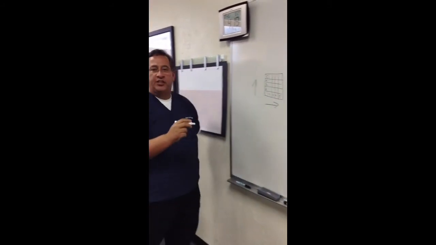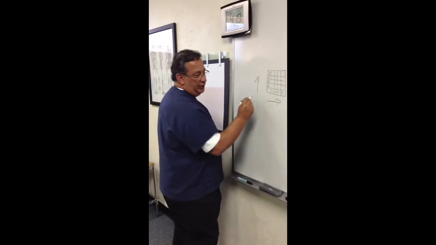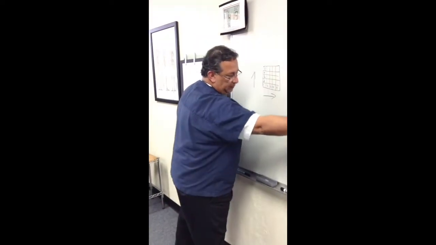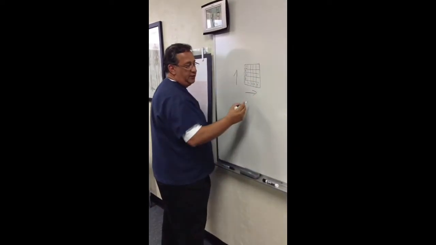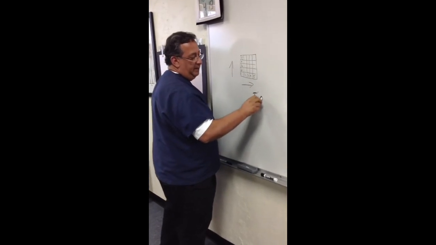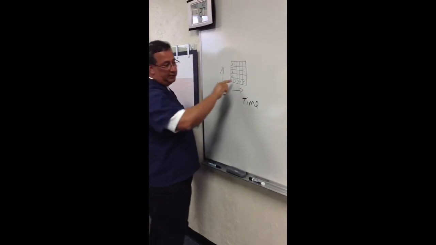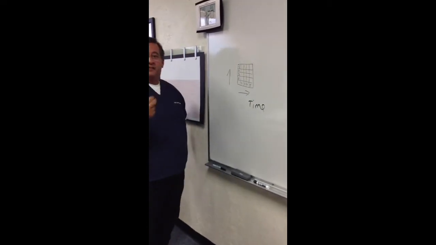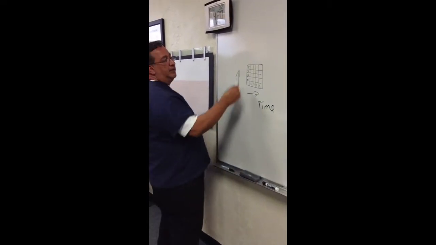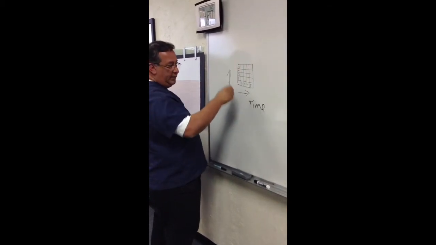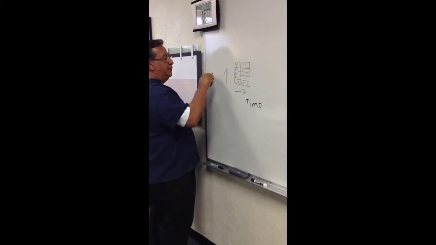Now on the EKG tracing, anything that goes across the horizontal plane, in other words, across this direction, represents time. So all the little boxes in that direction represent time. And all the little boxes that go up or down represent amplitude.